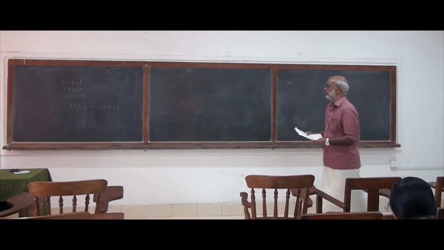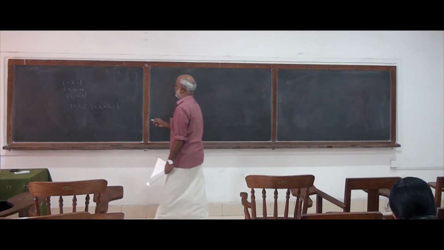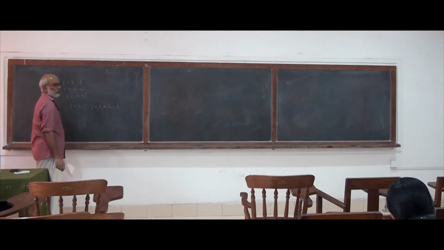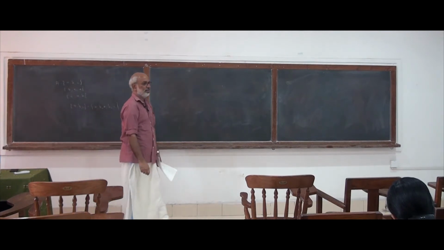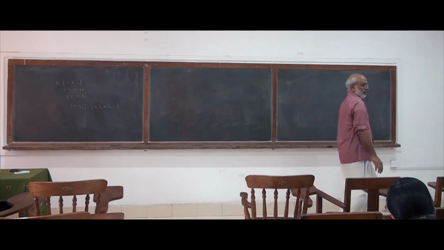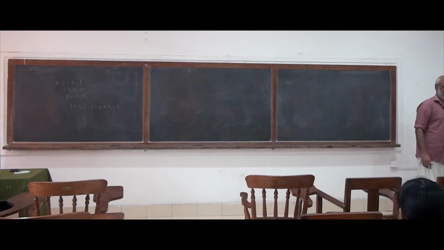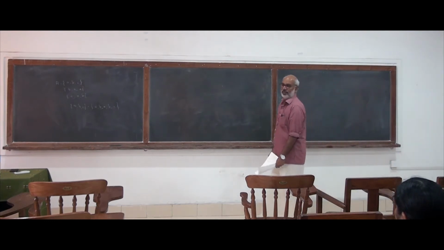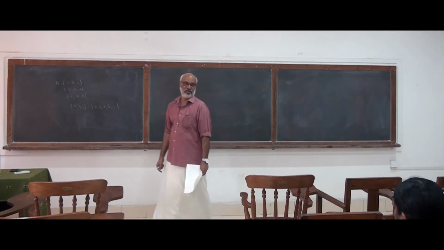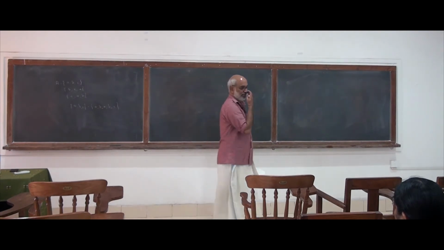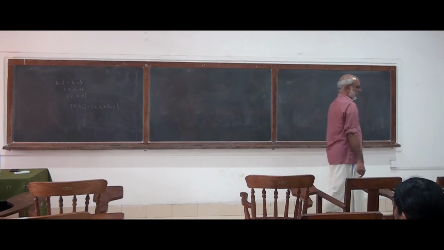And suppose I call this set capital A. One convention is that the sets are all represented using capital letters, and the elements of the sets are written as lowercase letters, small letters.